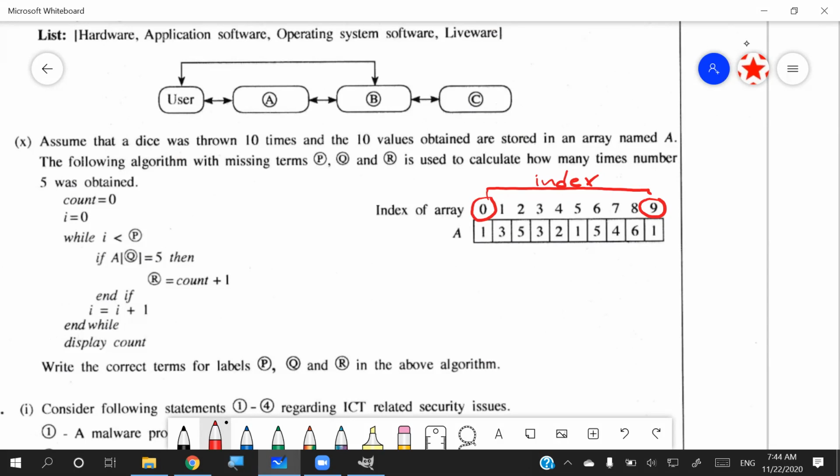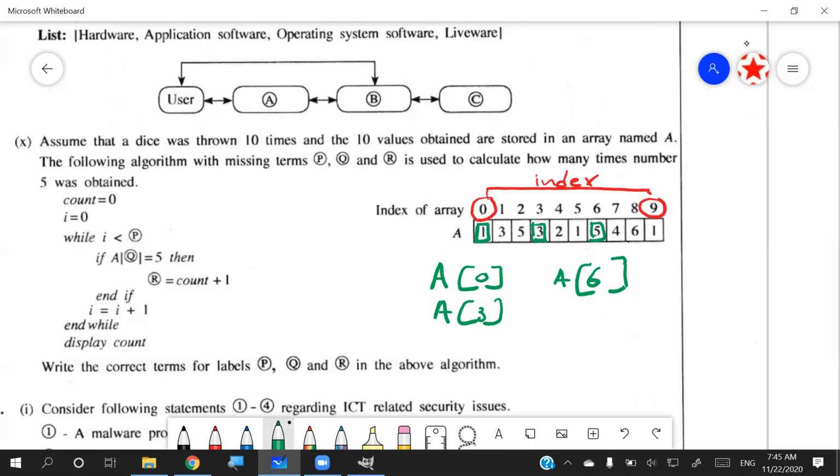So if you need to access this particular 1, you are going to say A0. And if you want to access this particular 3, you say A3. And for this particular 5, A6 is 5 there, right?